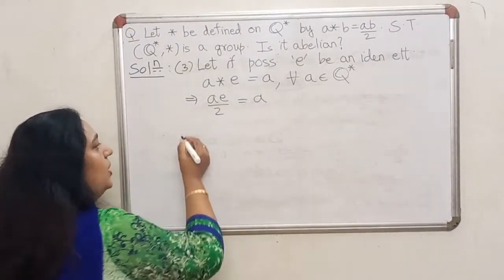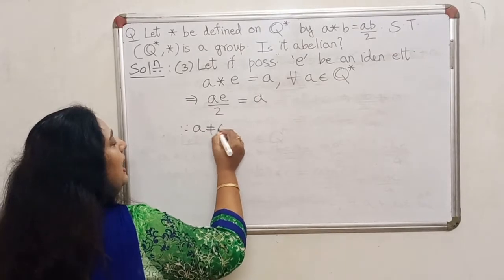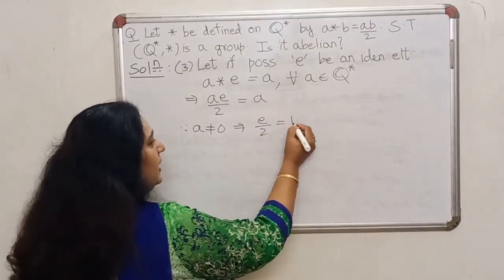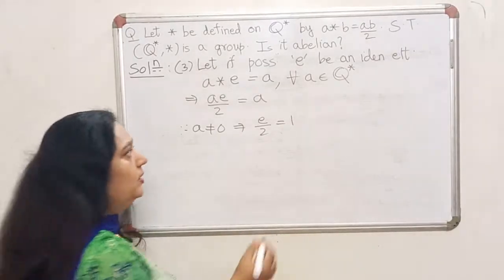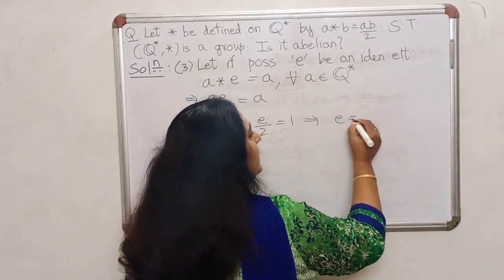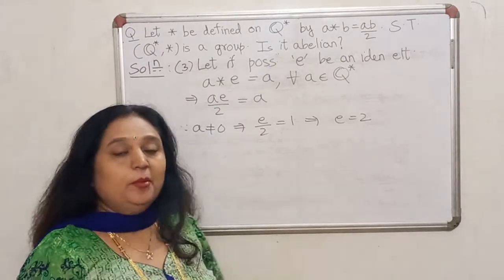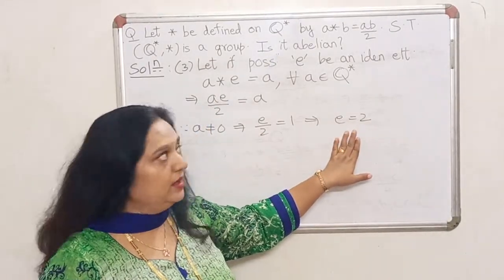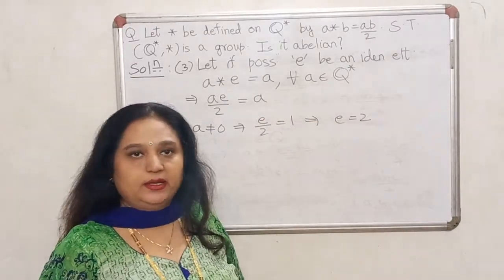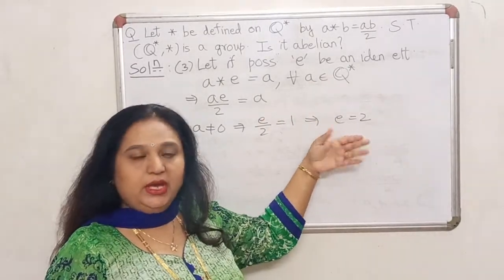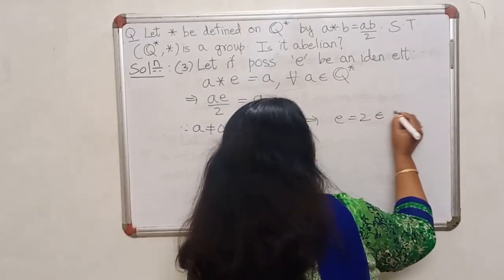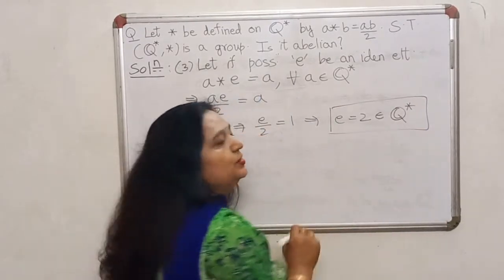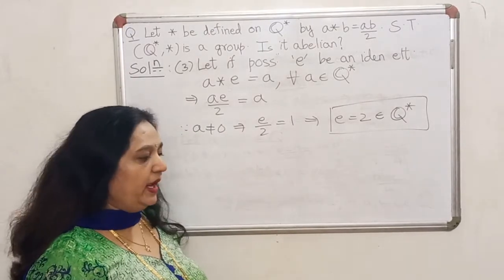So since A is not equal to 0, I can cut the A safely from both sides and I'll get E upon 2 equal to 1, or E equal to 2. But again, before you say that this is indeed the identity, check whether it belongs to the set. This is a rational number and it is a non-zero rational number. So this becomes my identity.